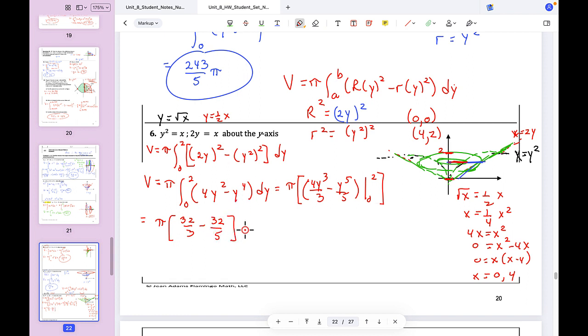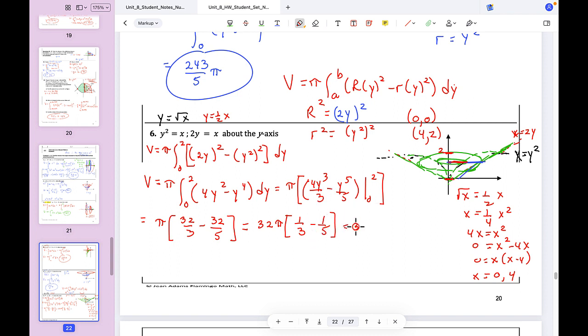So the way I did this to make it a little easier, because these are big numbers, I factored out a 32. So 32 pi, and that left me 1/3 minus 1/5. That's a whole lot easier to work with when you don't have a calculator.